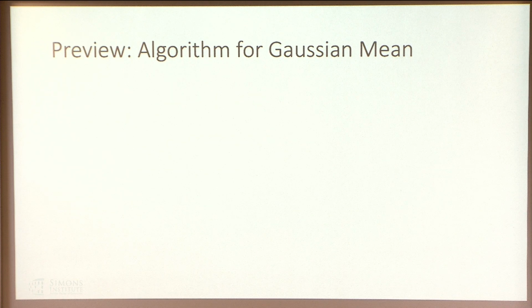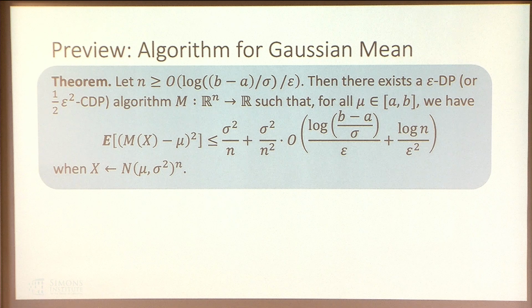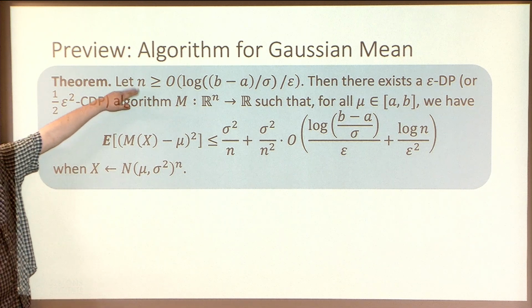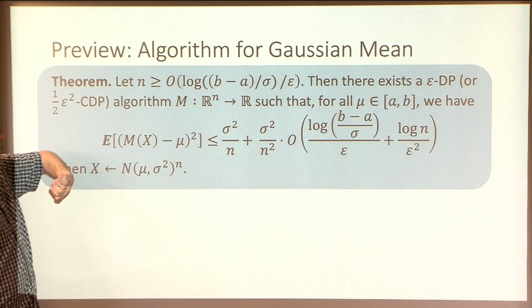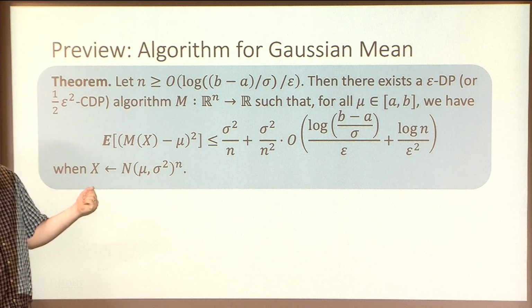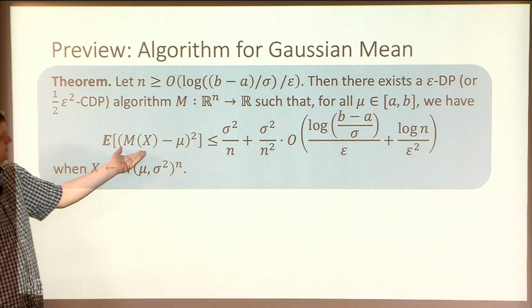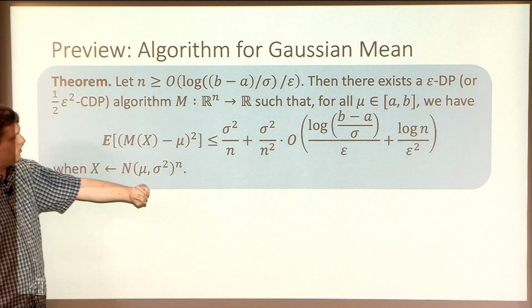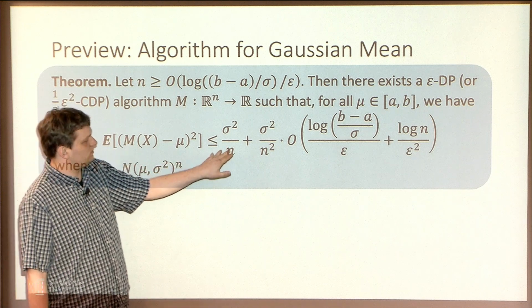Okay, so let me preview what the result that we'll get at the end is. So assume that the number of samples is sufficiently large, then there's going to be a differentially private algorithm that takes n samples from a Gaussian, and outputs an estimate of the mean, which has mean squared error, this.